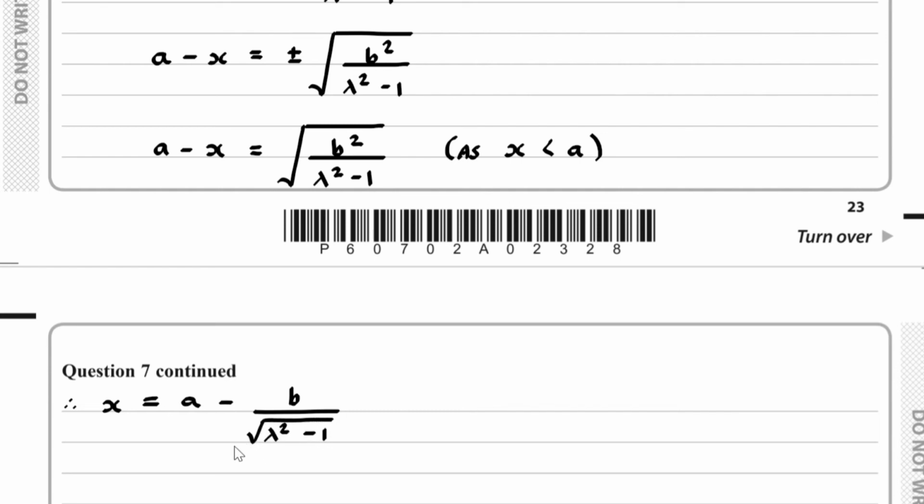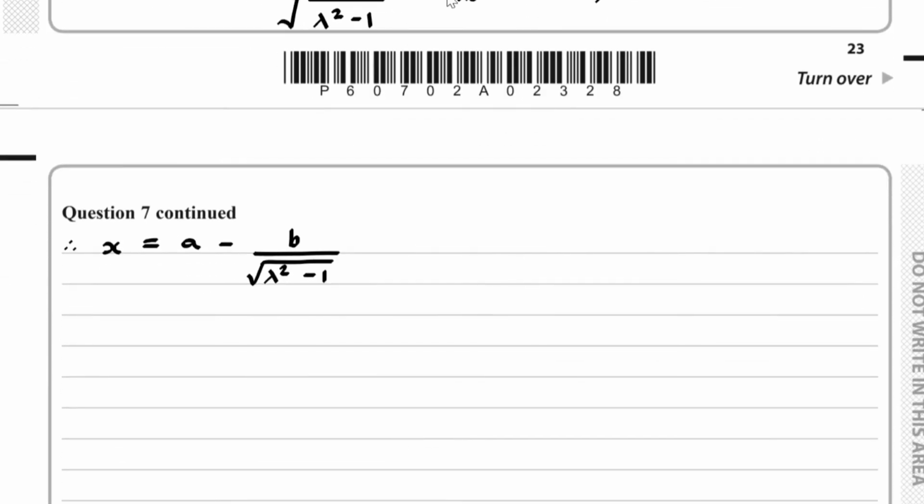And the reason, just as a side note, if we have x being less than or equal to a, we have a subtract b over the square root of (lambda squared minus 1) being less than or equal to a, which is why we need to take the positive square root, because otherwise we will have no solutions.